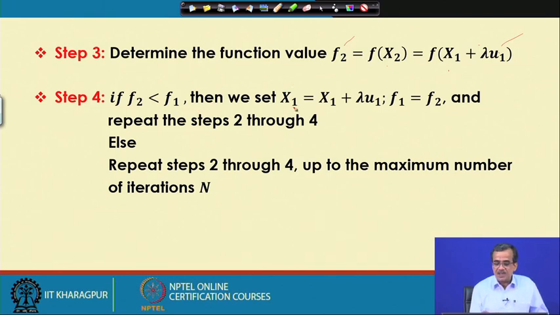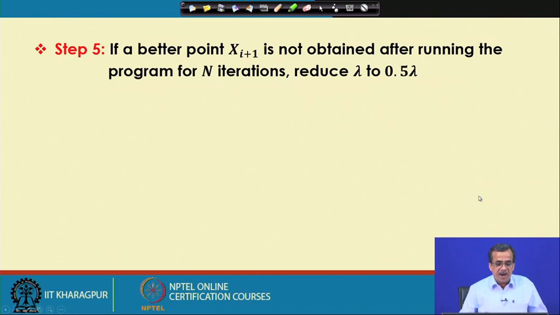Then we set x 1 equals to x 1 plus lambda u 1, and we set f 1 equals to f 2, and we repeat steps 2 through 4, else repeat steps 2 through 4 up to the maximum number of iterations, that is capital N. Step 5: if a better point x i plus 1 is not obtained after running the algorithm for N iterations, we reduce lambda to 50%, and once again we repeat those iterations.